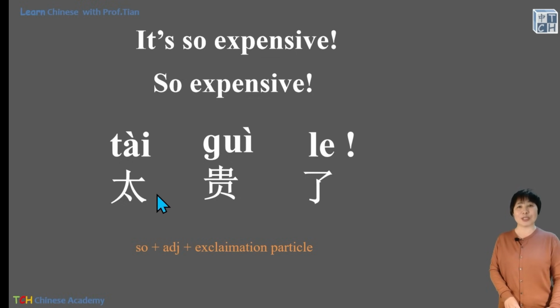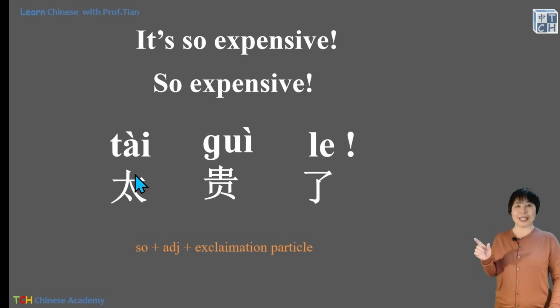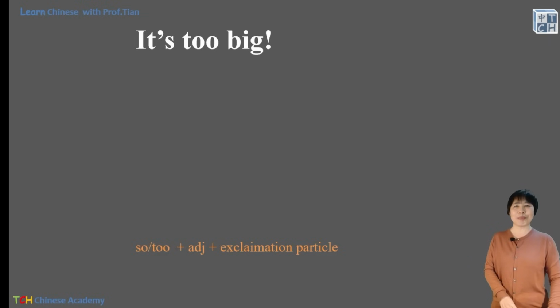And let's try this. 太贵了. Of course, you can emphasize the first word. So we say 太贵了. This is the pattern. Now let's say it's too big. Based on this pattern, remember, there is no "it's."